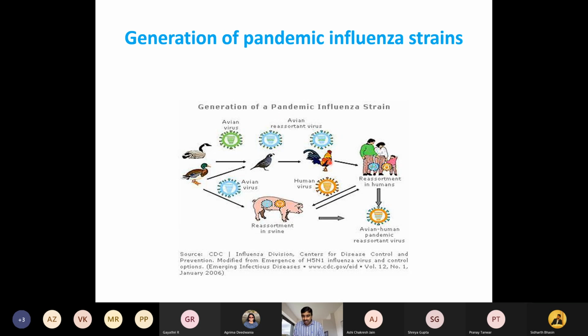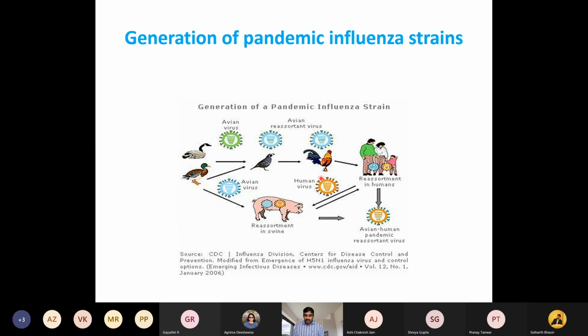But the reassortment within birds allowed the generation of an H1N1 strain. It's either mutations or reassortment. An H1N1 strain was generated in 1917, 1918 that could infect humans. That was the biggest pandemic that we know of in terms of influenza virus, and that happened in 1918.